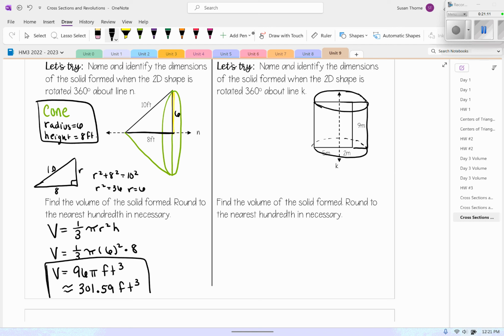So that's how it's going to rotate around. Even though that middle part is there, it's still going to rotate around, but it'll just fill in the other part. So it makes this cone or cylinder shape.